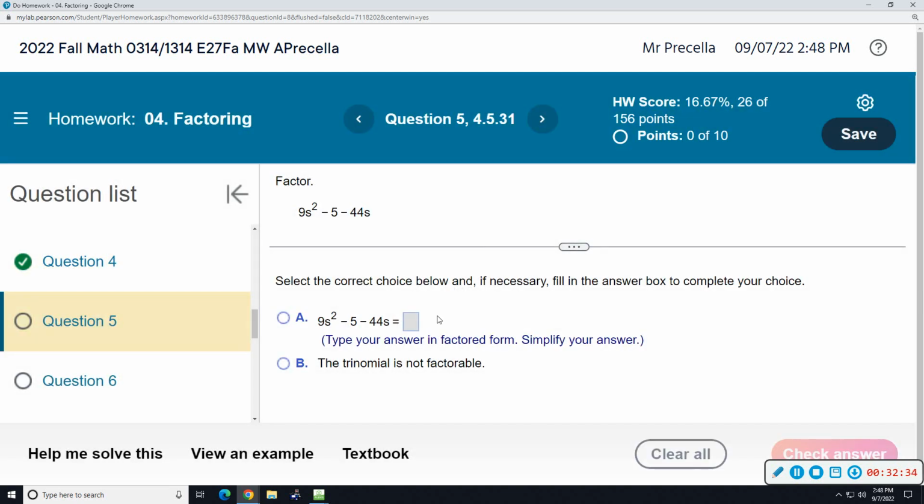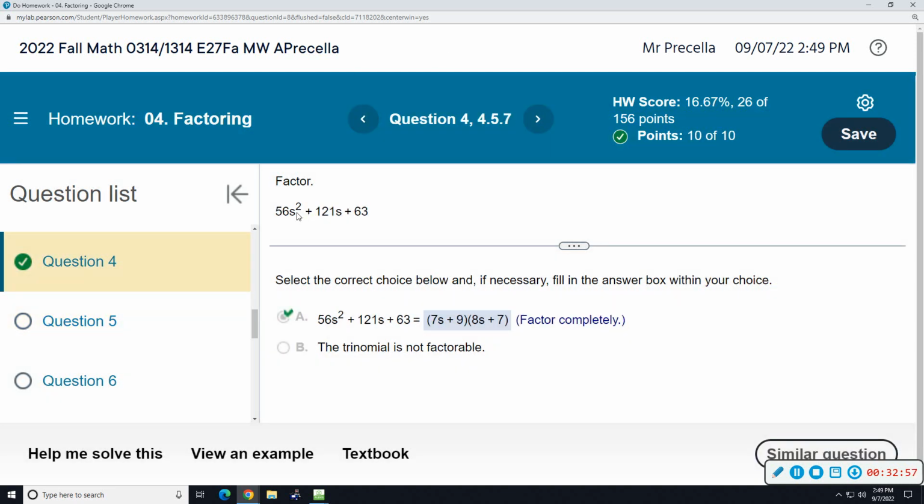Let's just try that one. Oh, number 5 is kind of tricky. I'm glad I clicked on that one. In order to get this stuff foiled out, there's got to be a certain pattern to these things. If you look at number 4, the s squared, then the s, and then a number that has no variable.